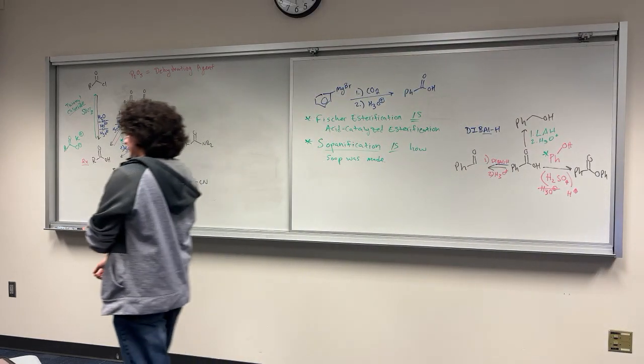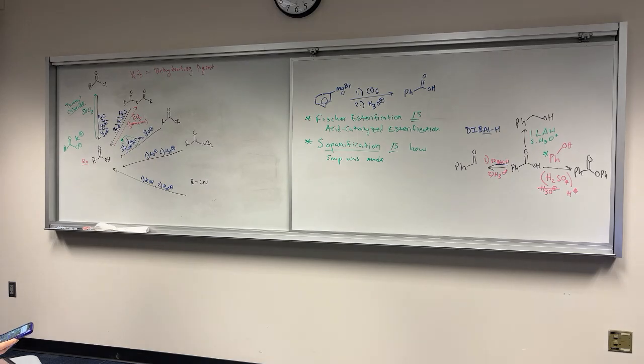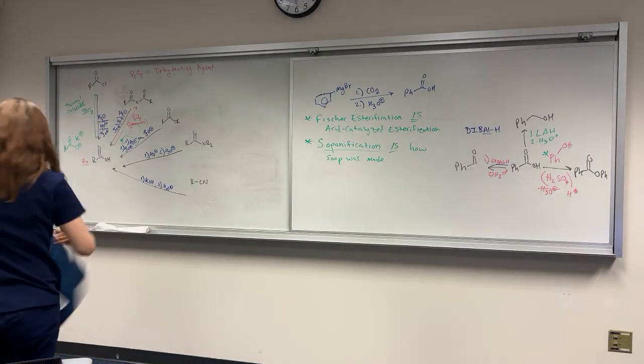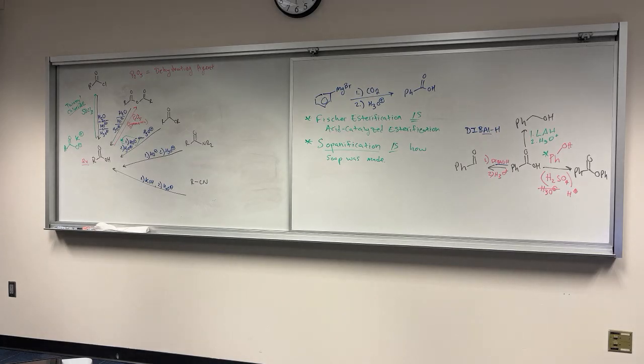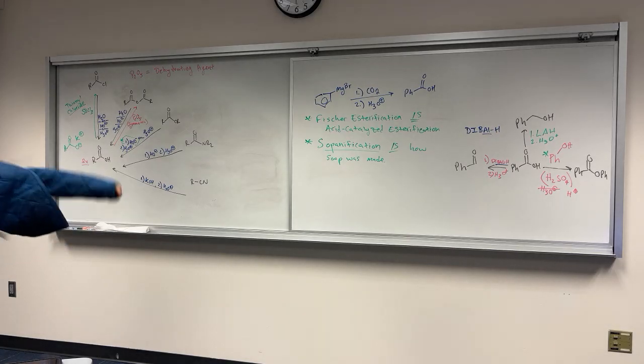Oh, I was wrong. It doesn't form two equivalences of HPO3. I don't know if HPO3 exists. Oh, it's called metaphosphoric acid. You know what? That's the AI overview. I was like, if you say it confidently, you're going to be more accurate than the AI overview.